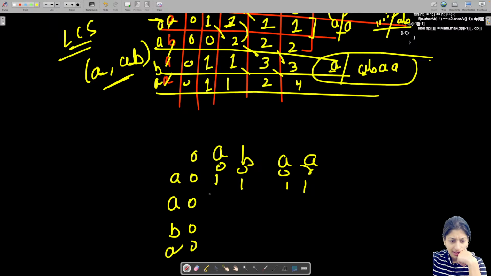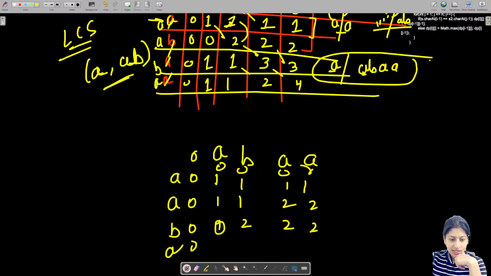For A, A is a match, 1, AB is not a match, 1, AA is a match, 1 plus 1, 2, AA is a match, 1 plus 1, 2, BA not a match, 1, sorry 0, because you will take from here and here. BB is a match, 1 plus 1, 2, BA is not a match, so maximum is 2, and BA is not a match, maximum is 2.